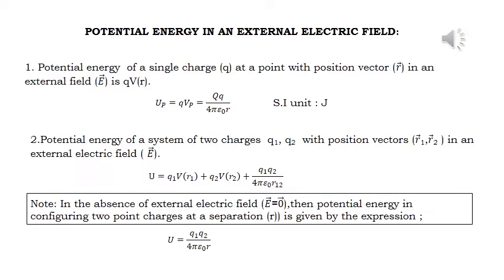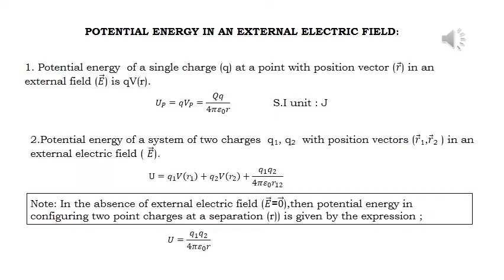Instead of a single point, if we take 2 points, there will be 3 terms. The first term is due to the external field, q1 V of R1. The second term is the potential energy of q2 due to the external field, q2 into V of R2. The third term is the potential energy between the two charges, q1 q2 by 4 pi epsilon naught r12.